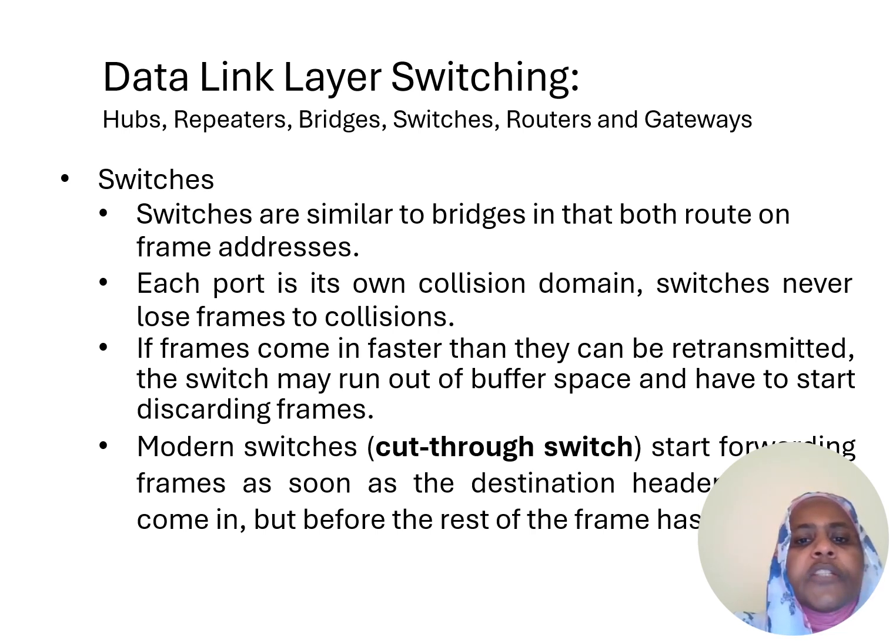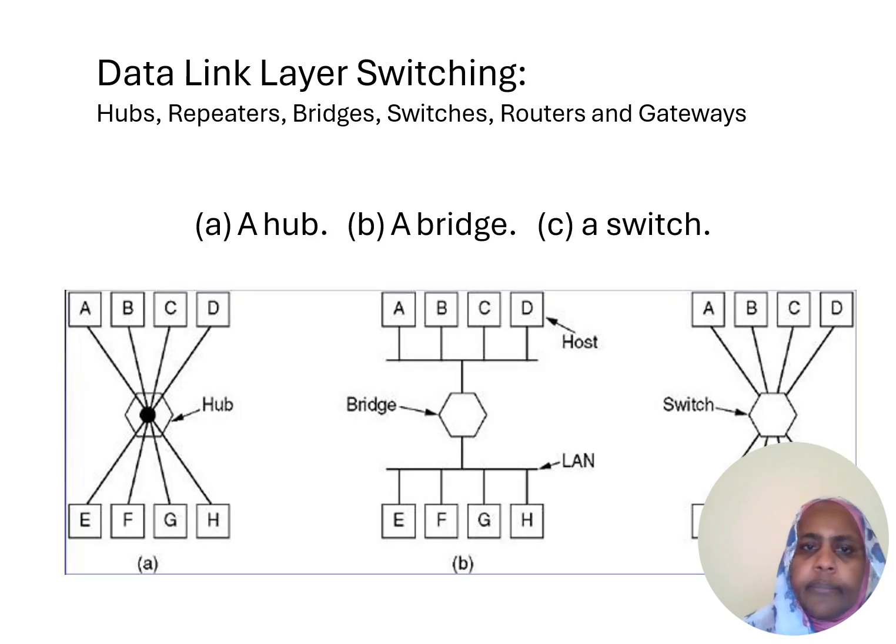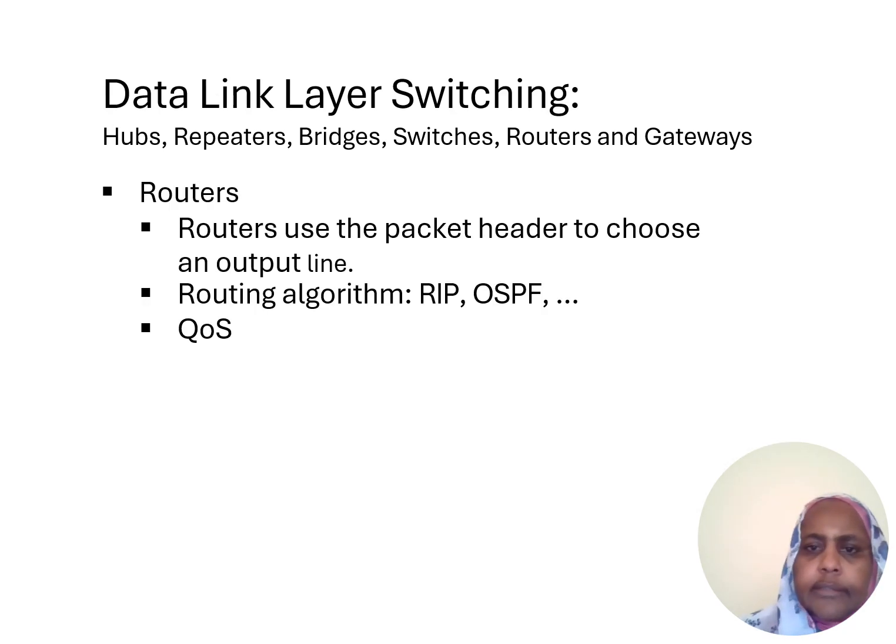This is why modern switches use what we call cut-through switching. They start forwarding frames as soon as the destination header comes in, before the rest of the frame comes in. As you can see here, the hub is a concentration point for all the stations that are linked to it. A bridge connects two LANs together, and a switch creates point-to-point links with all the stations.